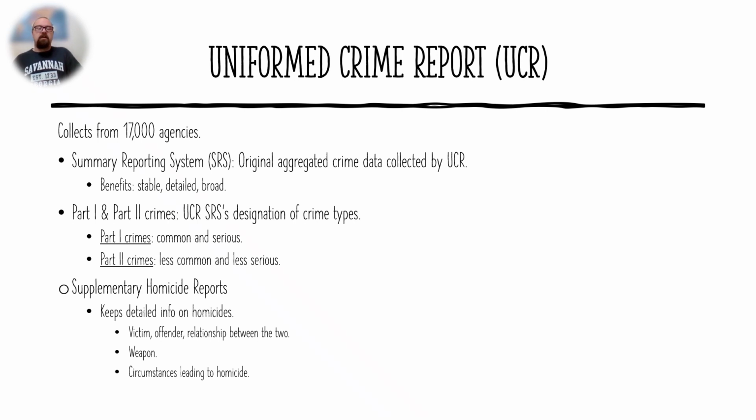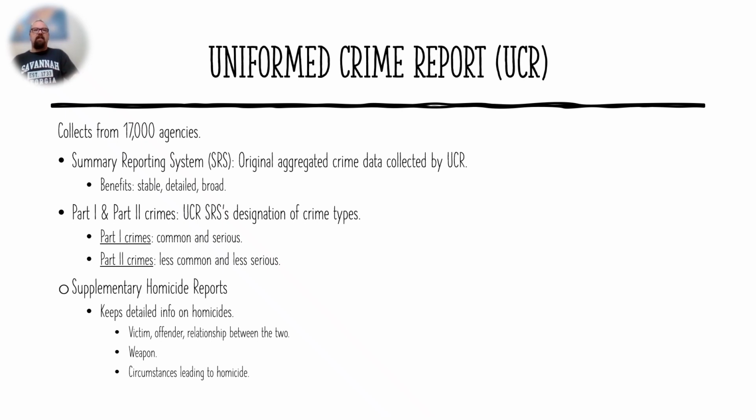However, the UCR does have some limitations. One limitation is that it's solely reliant on law enforcement reports. So you have what's known as the dark figures of crime that creep up. And what this is, is that not every crime is reported to law enforcement. So it's not all encompassing of crime.